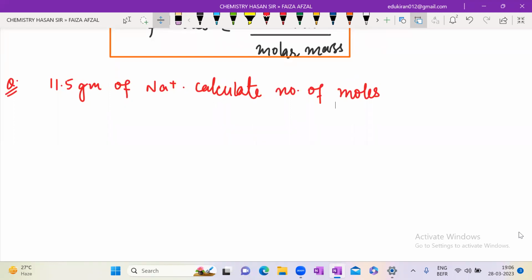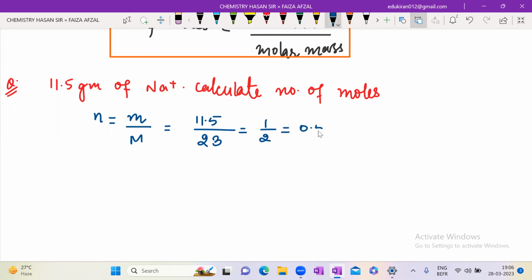Yes, it is. Very good. Number of moles is given mass upon molar mass. Given mass is 11.5 and molar mass is 23. Next question.